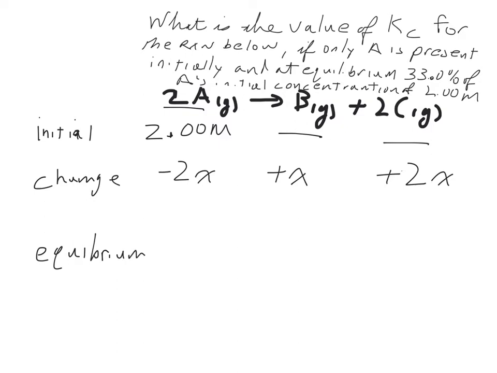Now, they've told me at equilibrium that I have 33% of my initial concentration. So 33% of 2 moles is 0.66 moles.